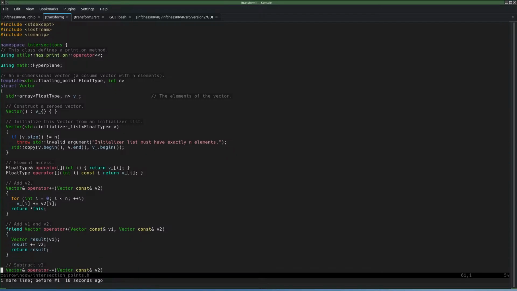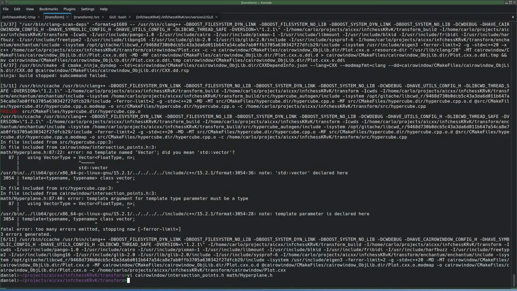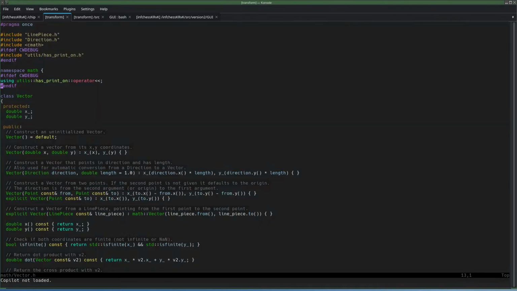What does this one have? Well, maybe the other way around. What does the other vector have that we don't have? Vector.h. So this is totally two-dimensional, and you can pass it like that.